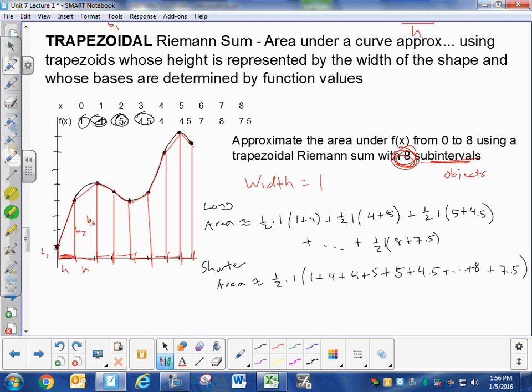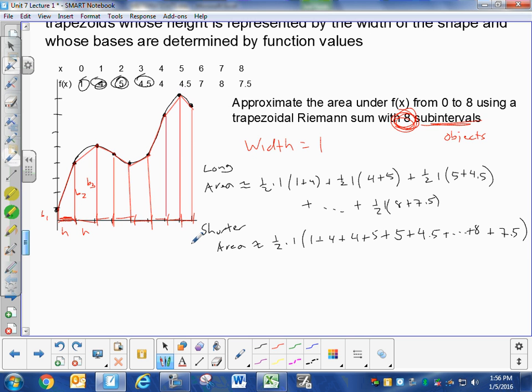Shorter, but not great. The shortest way to do it, and the way that you will write down and remember for the future, is to realize that you have 2 4s, then you have 2 5s, then you'll have 2 4.5s, then you'll have 2 4s, 2 4.5, 2 7s, 2 8s, and then 1 7.5 and 1 1.